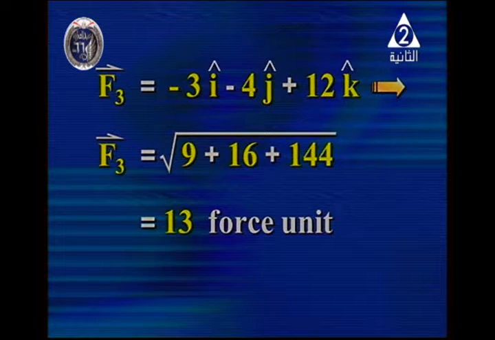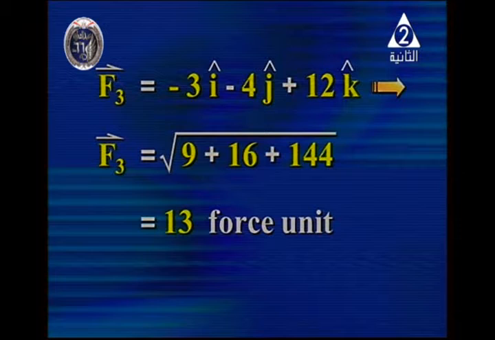Dear student, look at F3. What is the force 3? The body has 3 forces acting on it, F1, F2, F3. We have F1 and F2, and F3 is unknown. We know that the sum F1 plus F2 plus F3 equals 0. By substitution of F1 and F2 to find the value of F3, we know that F3 equals negative 3i, negative 4j plus 12k.